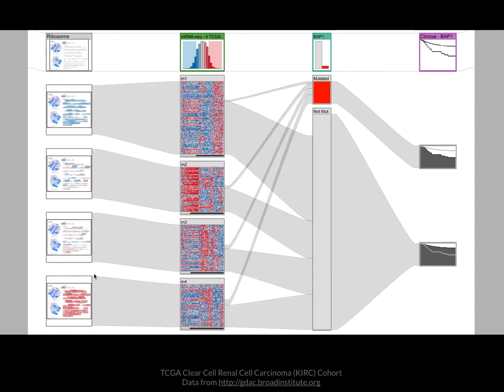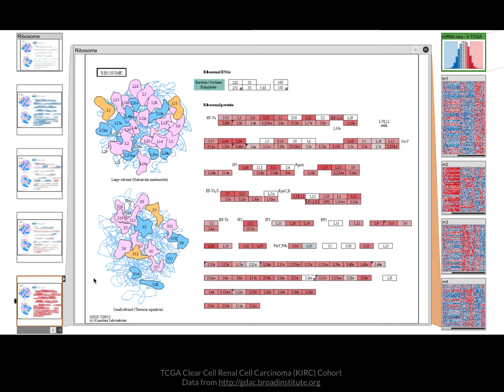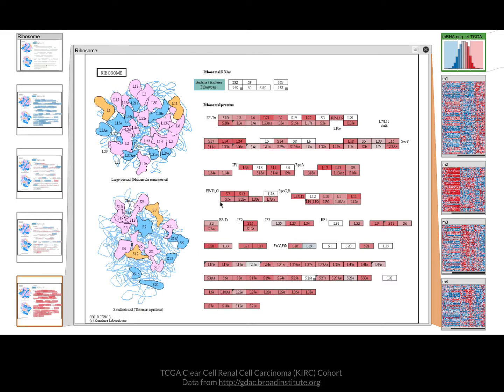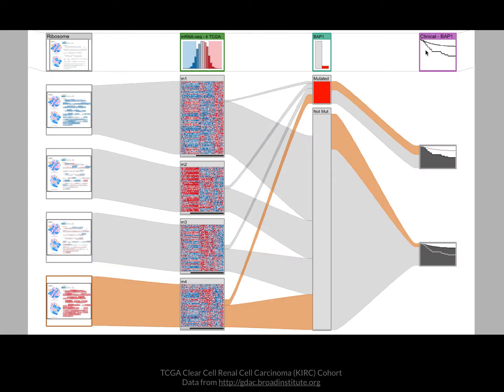So we have a very low resolution view on the data. But in the tool itself, and this is just a little video, I can expand this view and get the map in detail. So now I can inspect the individual expression values as well, so we can hover over those, zoom in, zoom out, and so on. That's what's happening in here. And we can do the same thing for any of these blocks.